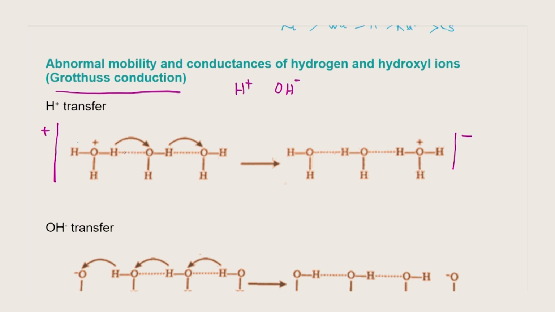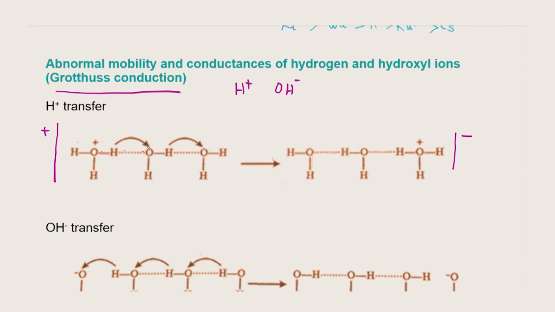What happens in this mechanism is just a shifting of hydrogen bonds. That is, this bond becomes a hydrogen bond and this becomes a normal covalent bond. In that way, the positive charge is shifted to the next water molecule. So here, this is a hydrogen bond, this becomes a normal covalent bond, and at that time the positive charge will be on the second water molecule.